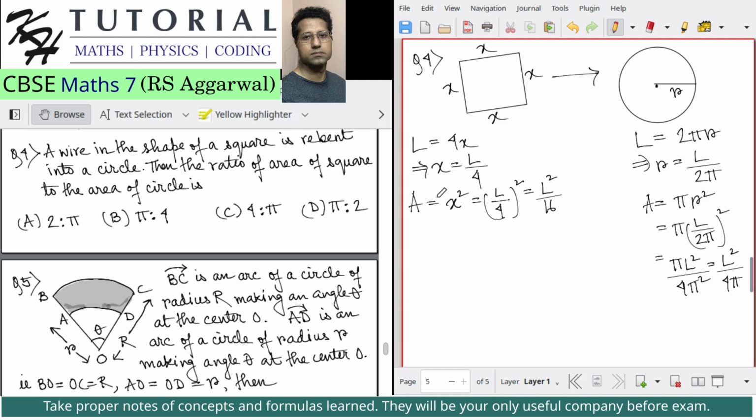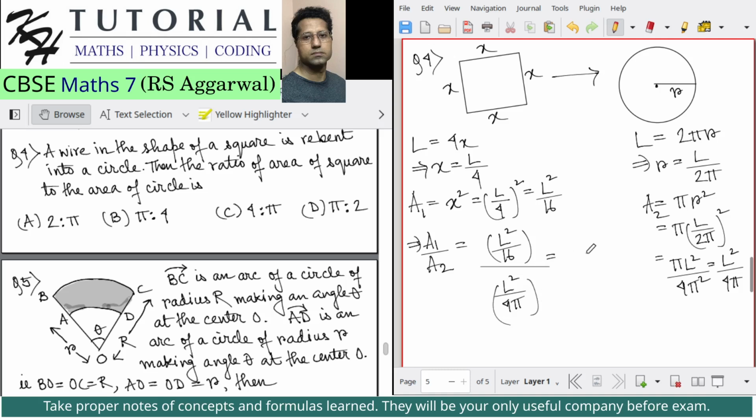So let's say the area of the square is A1 and the area of the circle is A2. We have to find the ratio of the area of the square to the area of the circle. So A1 by A2 is equal to L squared by 16 divided by L squared by 4 pi.